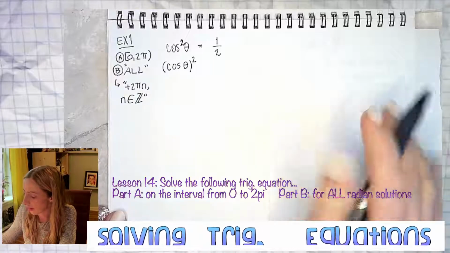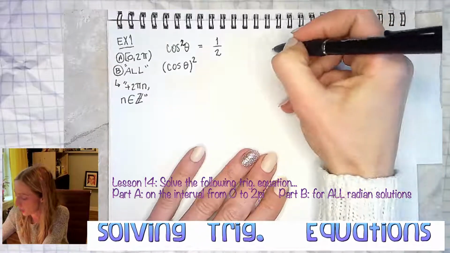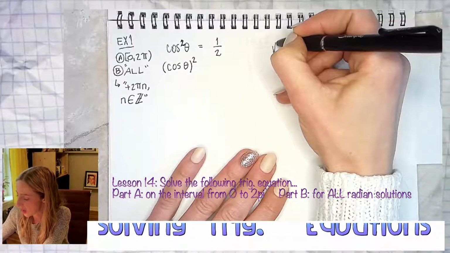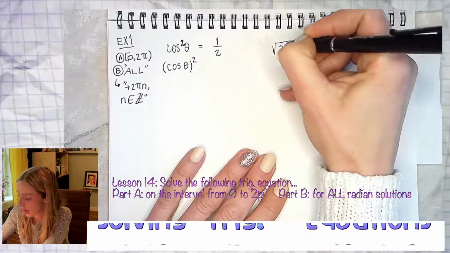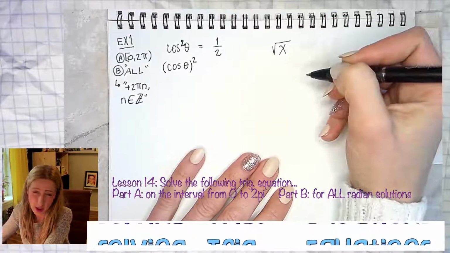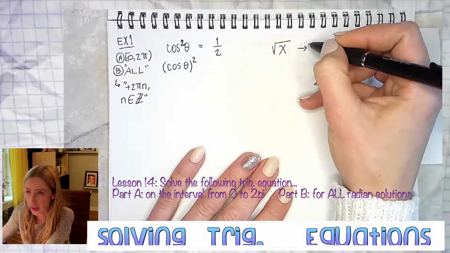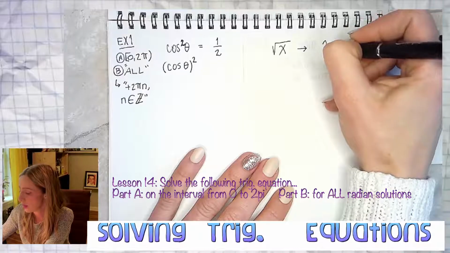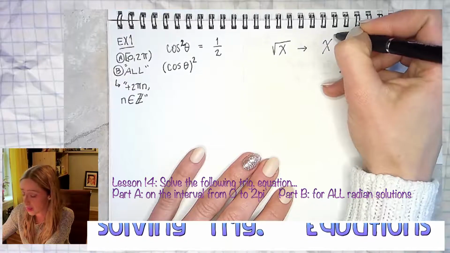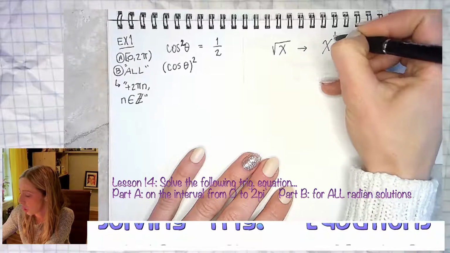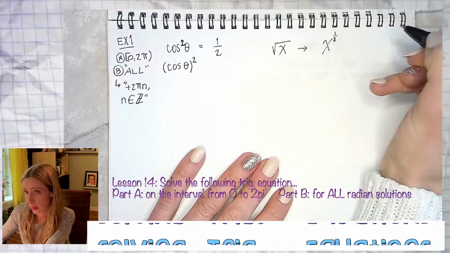I could compare it to a little extra side example: say you had the square root of x. Some calculators don't have square root buttons. So instead of a square root, if that calculator has an exponent button, you could do x to the 1/2 power, okay?